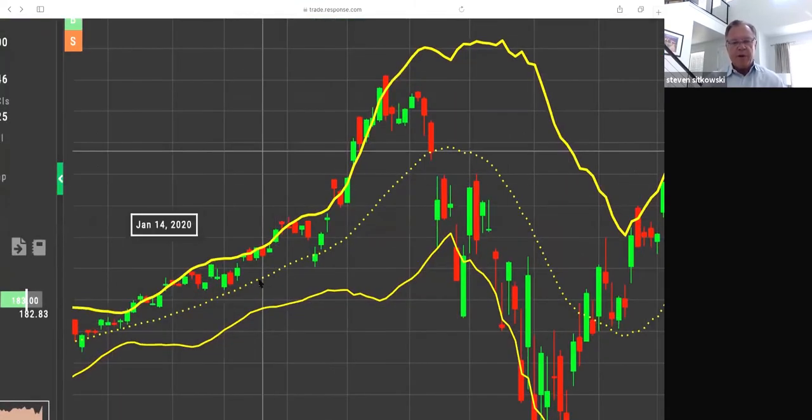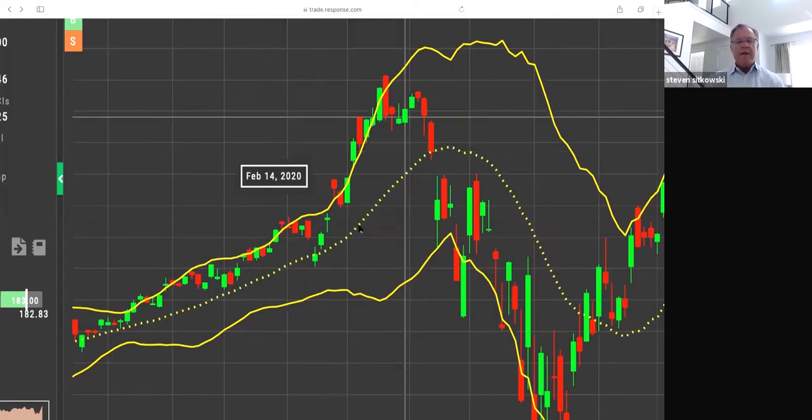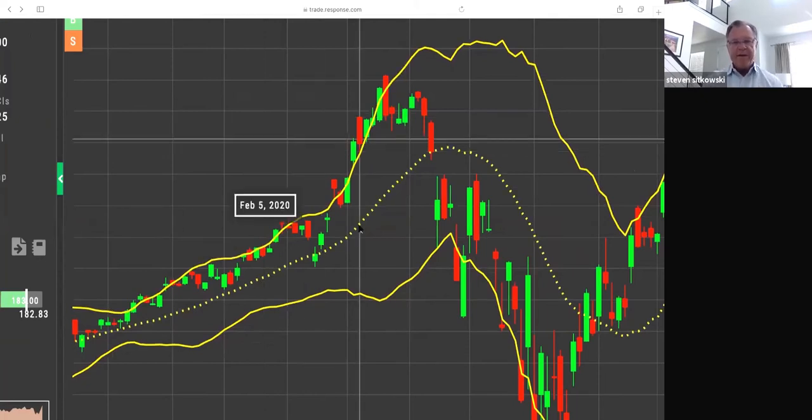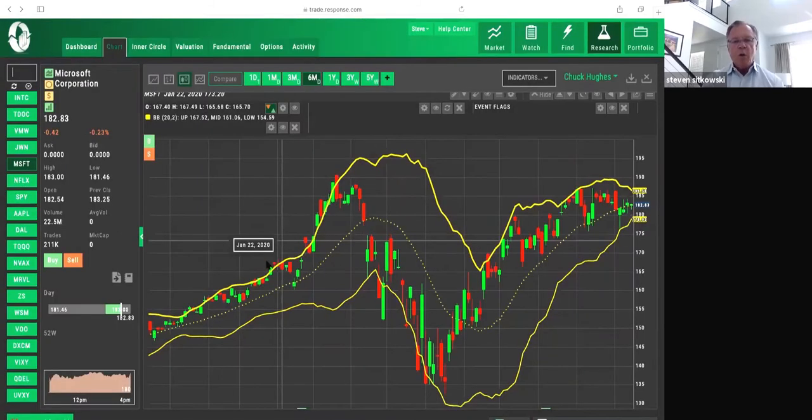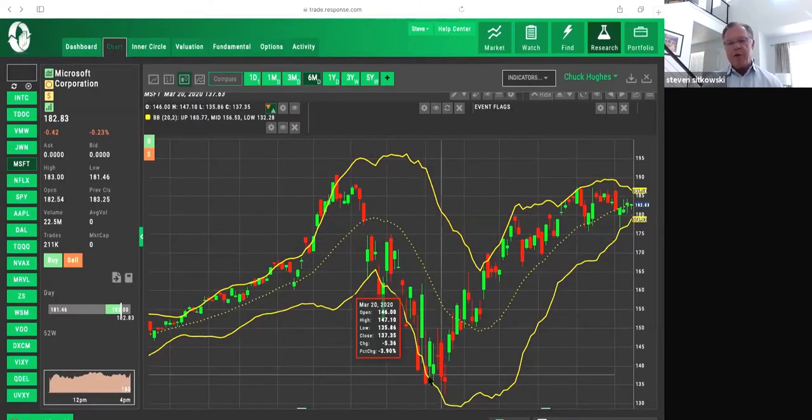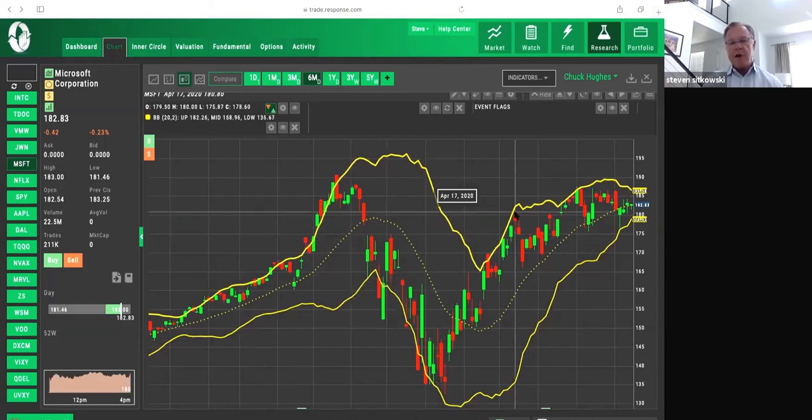Okay, so the Bollinger Band, you can see you have the lower range right down here, and the upper range, which is up here, and then that little dotted line, that's the 20-day moving average. Ideally what you want to do is if you're going to do a buy, do it near the bottom, and then when it gets near the top, you would then sell, in theory.